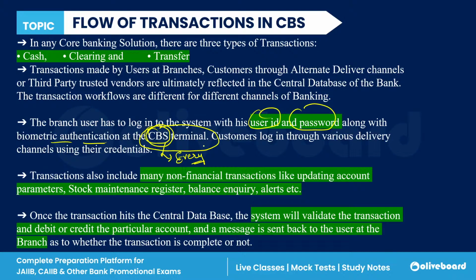So for accessing that central server, everyone needs a specific user ID and password, along with biometric authentication, so that there cannot be any unwanted interference in the central server of the banking system.